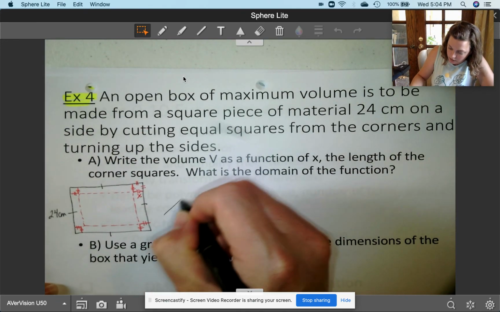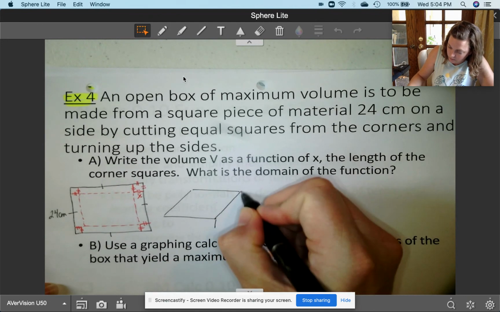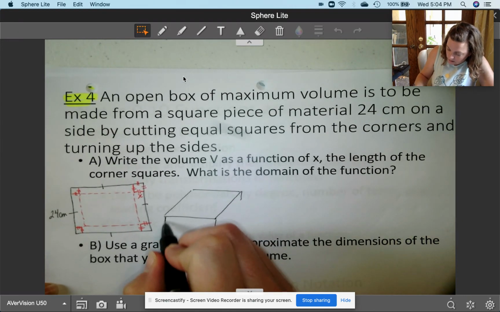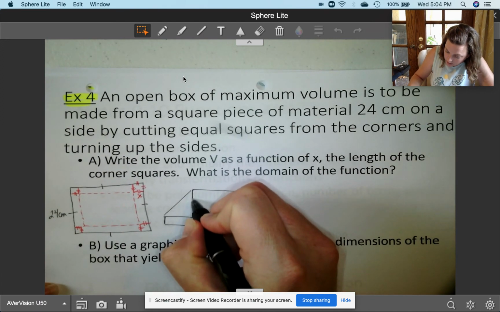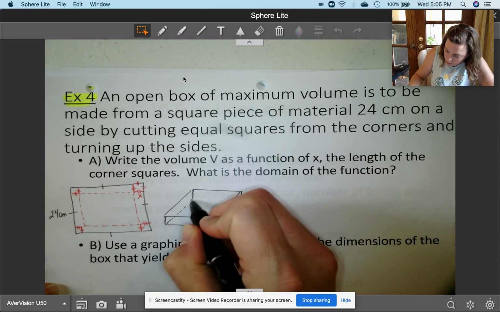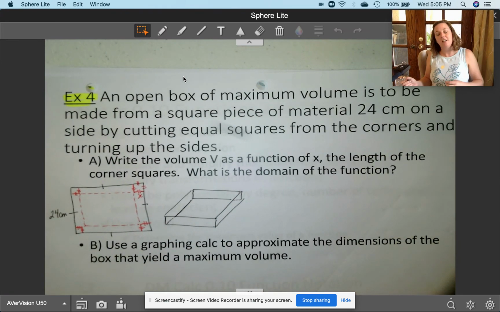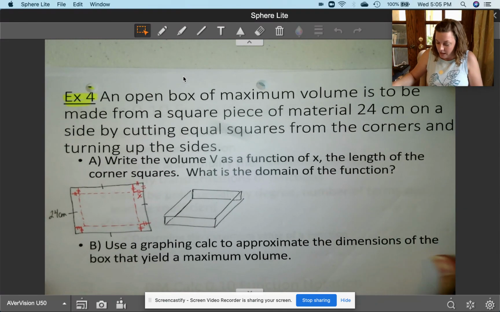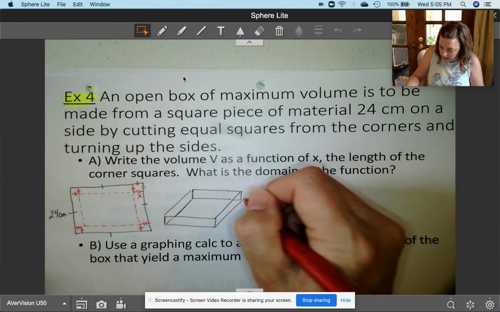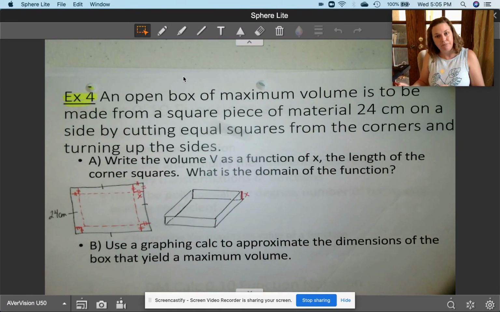I'll show you, we turn up the sides and create this open top box. Yes, if you're not good at drawing 3-dimensional shapes, you're going to get good, okay? And so what we have here is this length X. That's that height that we create in the box.